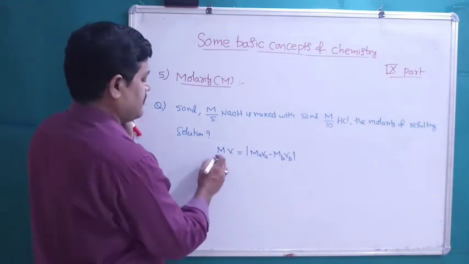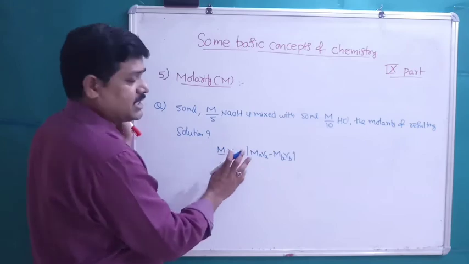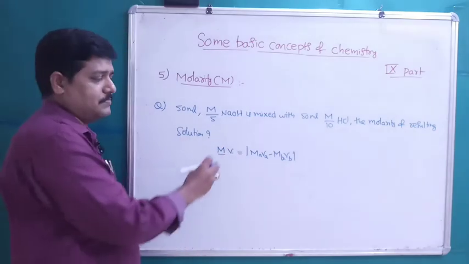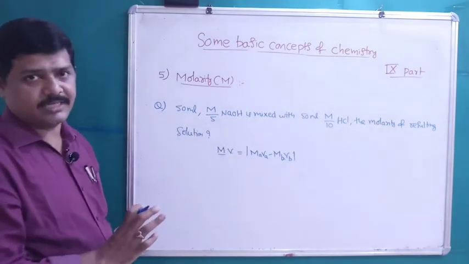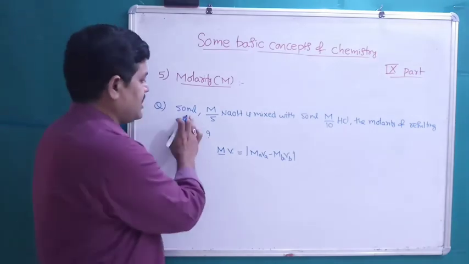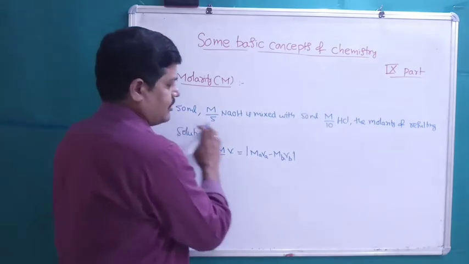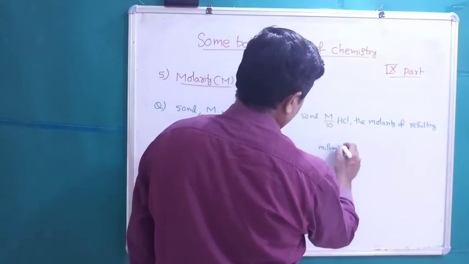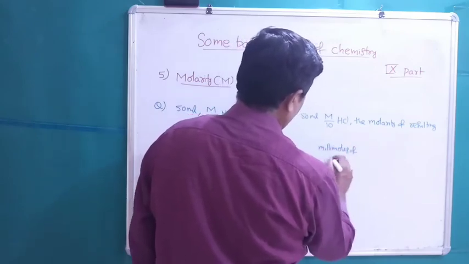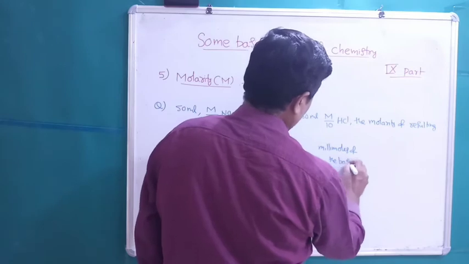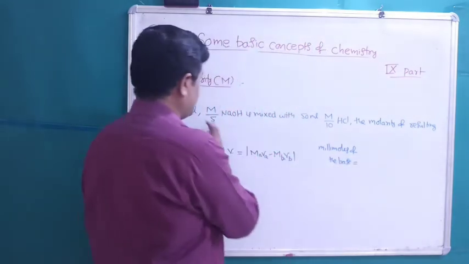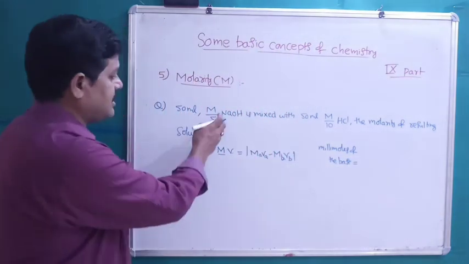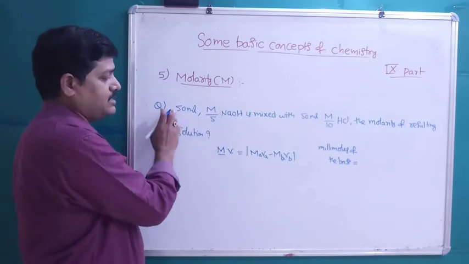Here M may be the OH minus ion concentration or the H plus ion concentration, because here we need to check what is the millimoles of the base. I told you that millimoles is the product of concentration in molarity and volume in ml.